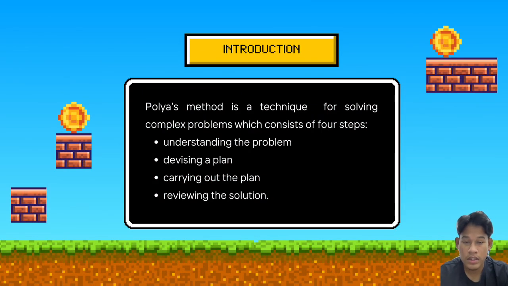Polya's method is a technique for solving complex problems which consists of 4 steps, which is understanding the problem, devising a plan, carrying out the plan, and lastly, reviewing the solution. This structured approach not only helps in breaking down intricate problems but also encourages students to reflect on their reasoning process, leading to more effective learning outcomes.